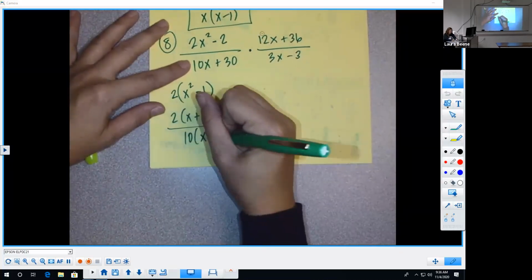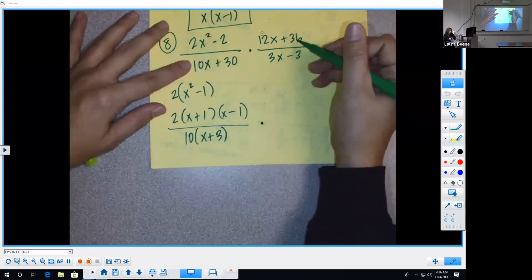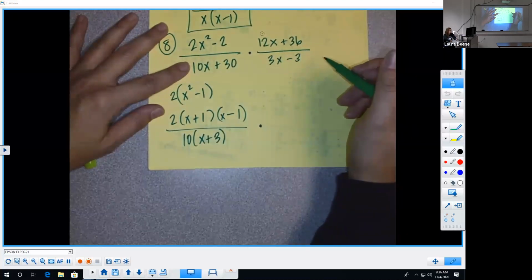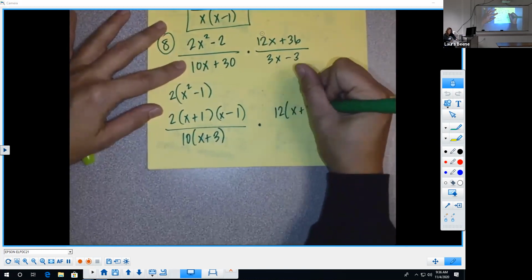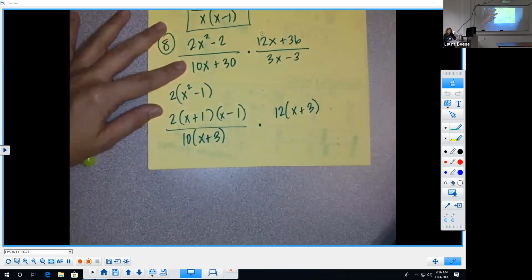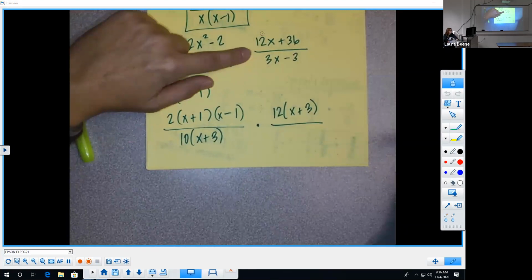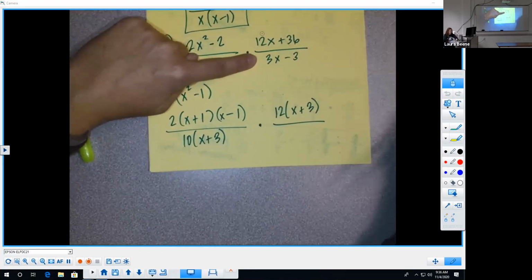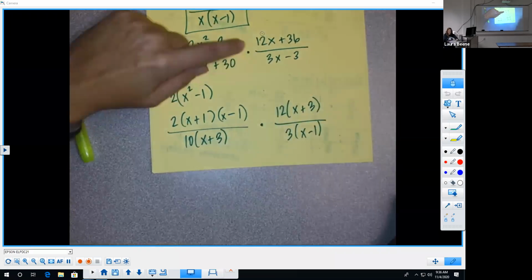Left over is x plus 3. On top of the second one, 12x plus 36. What can you take out? A 12. Left over is x plus 3. On bottom, 3x minus 3. Take out a 3. Left over is x minus 1.